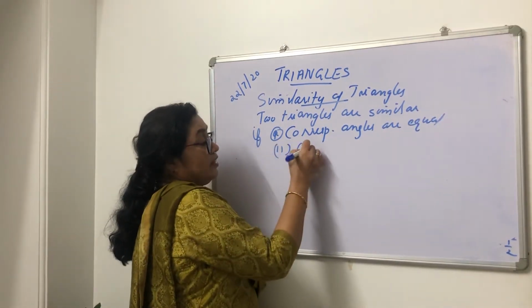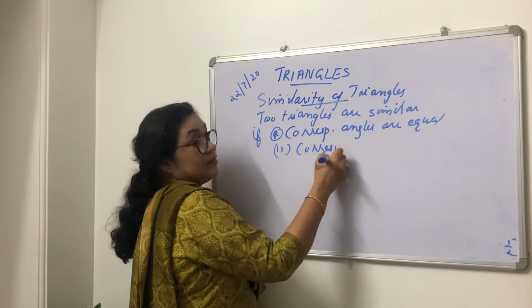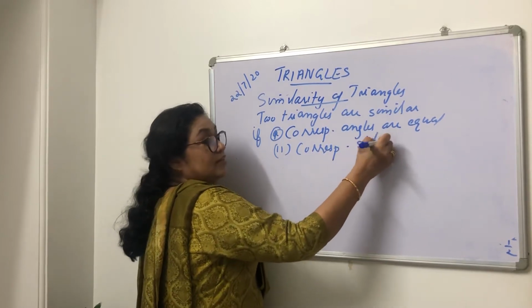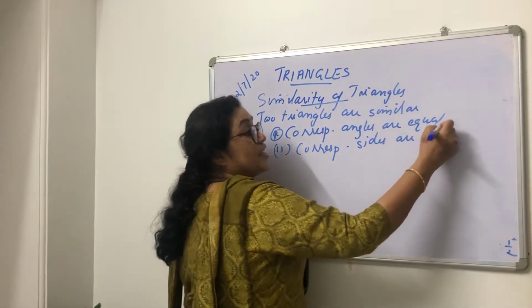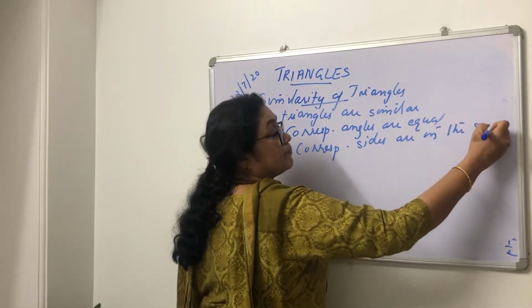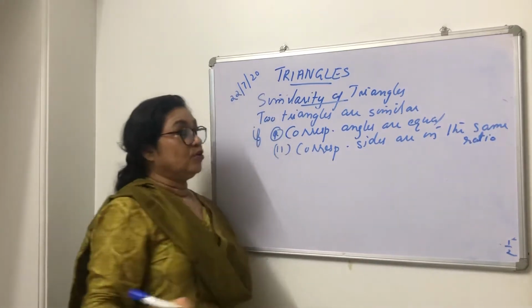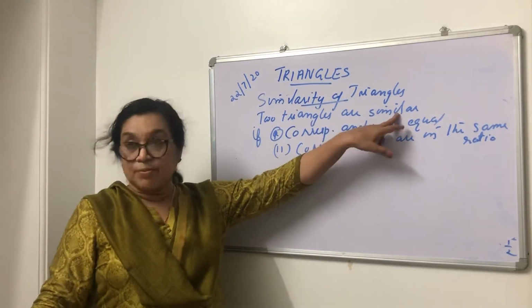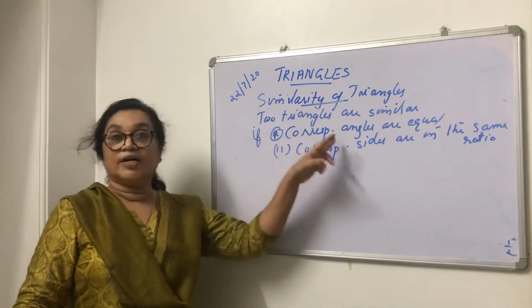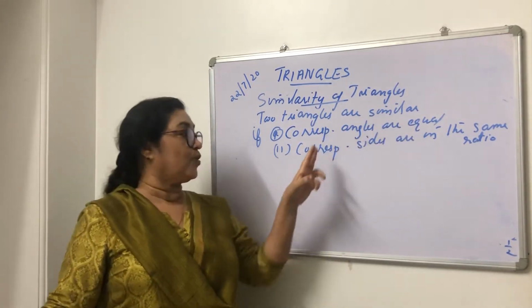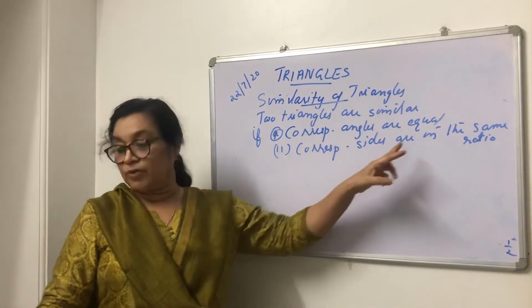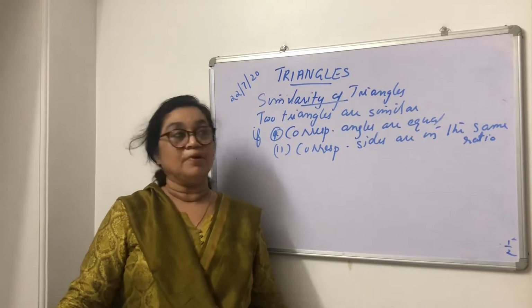Second condition, corresponding sides are in the same ratio. So, two triangles are similar if corresponding angles are equal and corresponding sides are in the same ratio.